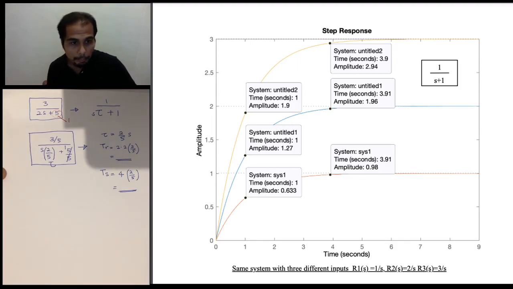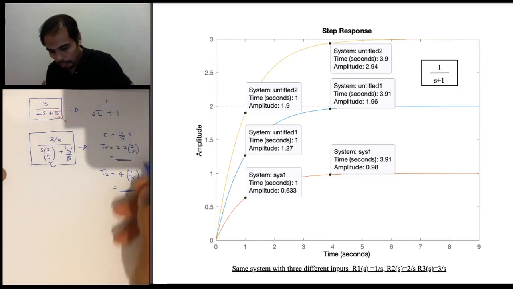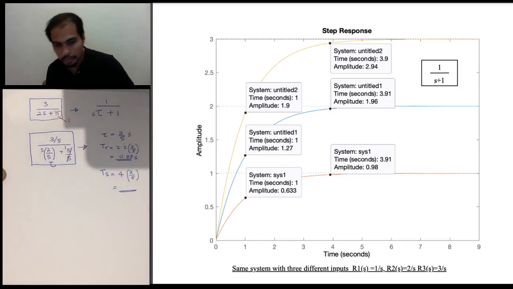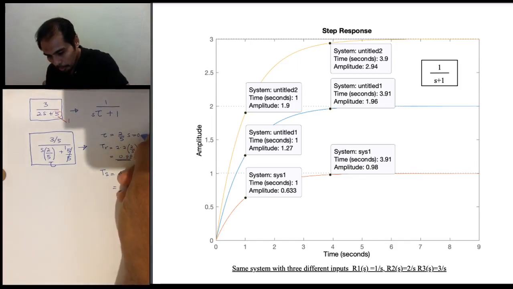Tr is 0.88 second, right? Tau is going to be 0.4 second.